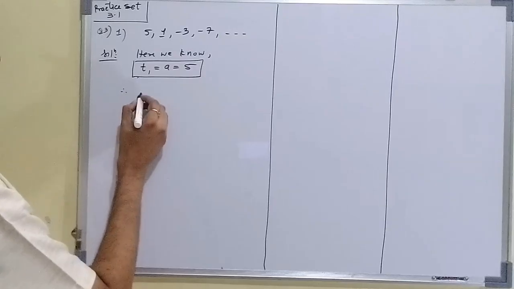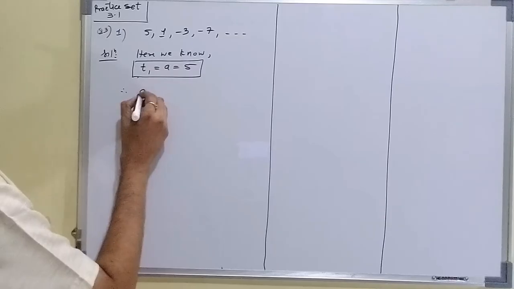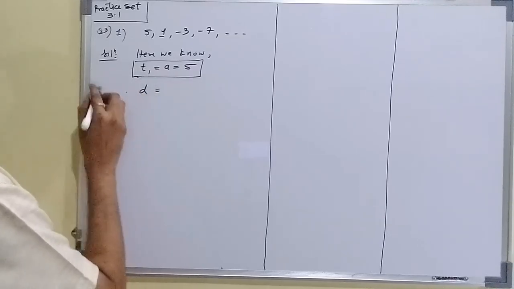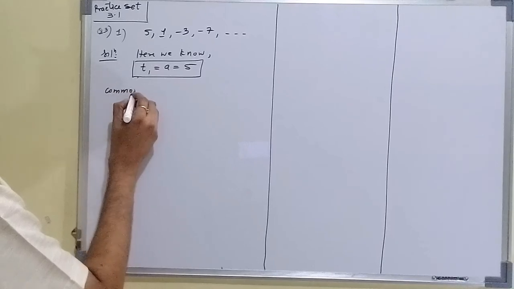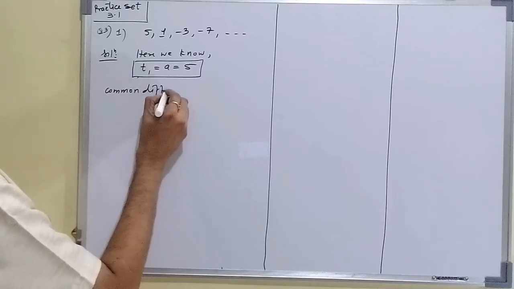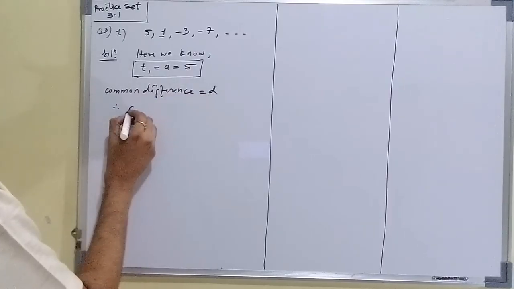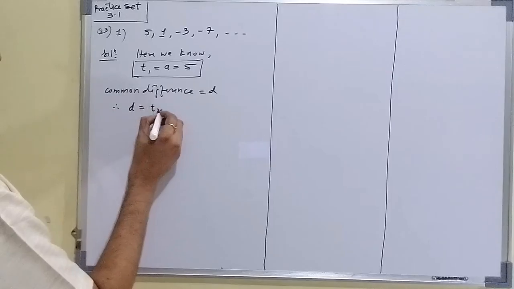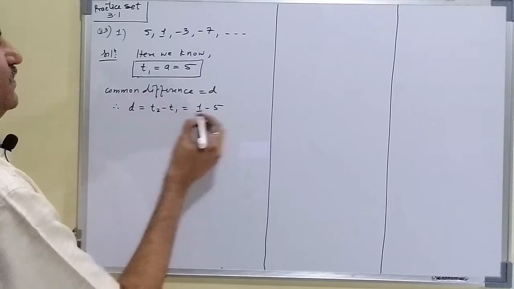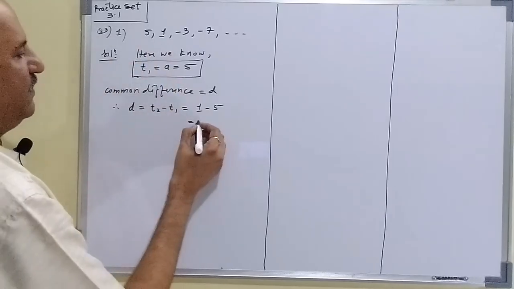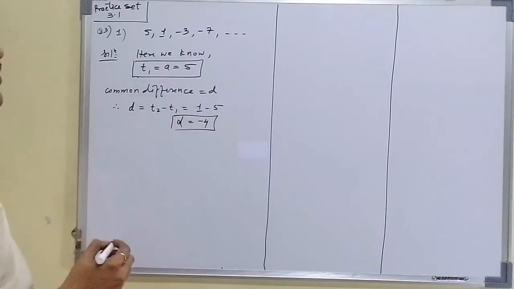Therefore D, common difference D. Common difference equal to D. Therefore, D equal to T2 minus T1. That is 1 minus 5. What do you get? Minus 4. So D पहला मिला minus 4.